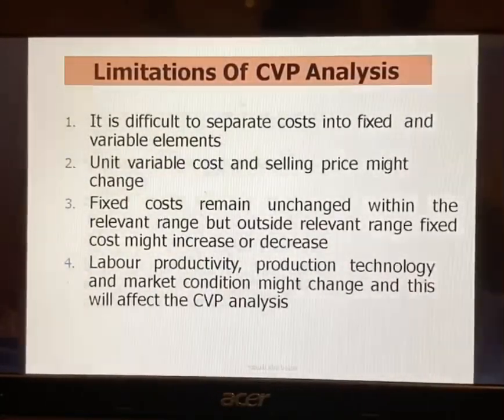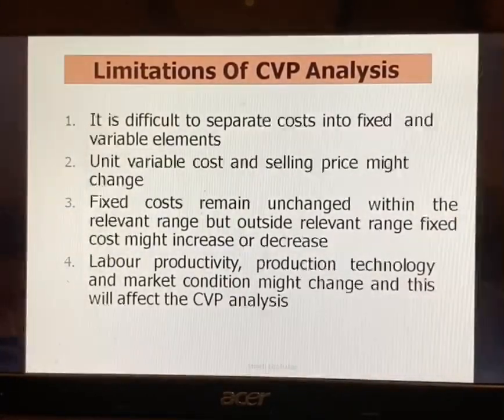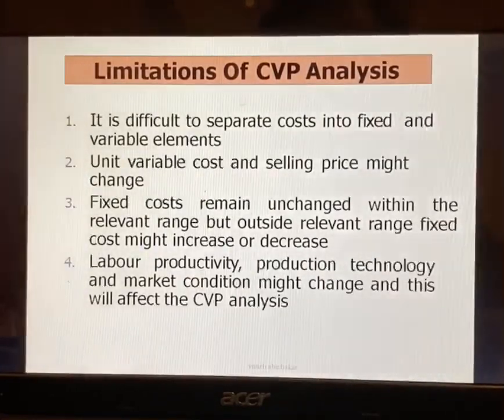And there are 4 limitations of the cost volume profit analysis. Number 1, it is difficult to separate the cost into fixed and variable elements. The limitation number 2, the unit variable cost and the selling price might change.